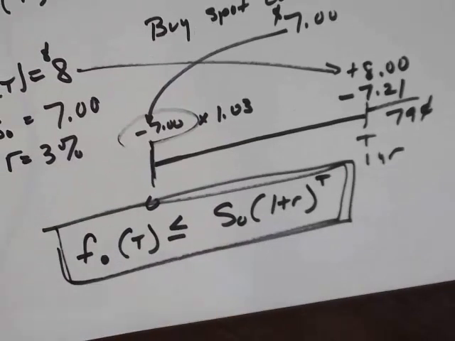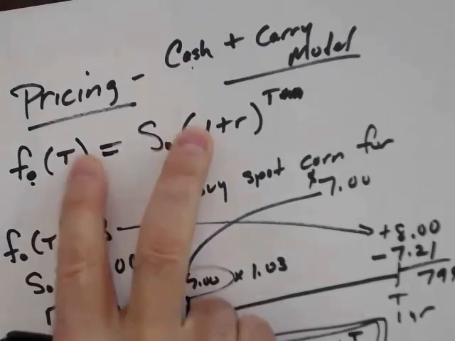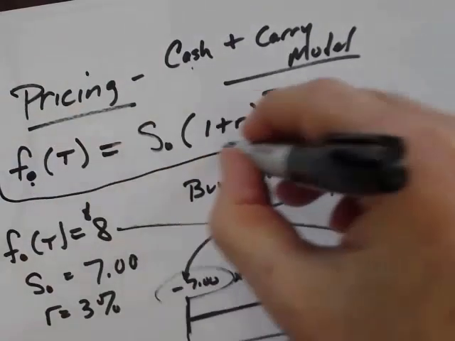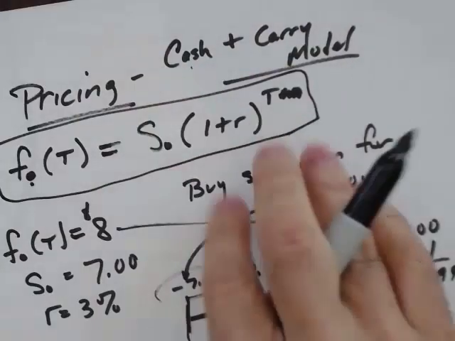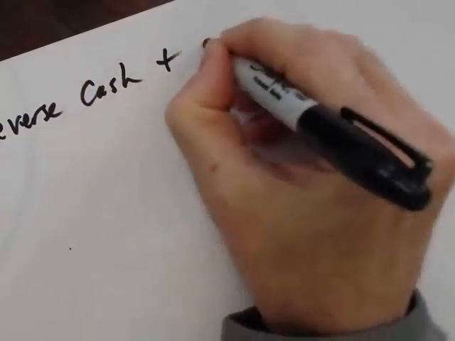Now let's establish a lower bound and then compare it ultimately to the formula. It simply boils down to this formula, but let me show you how to get there by doing what's called a reverse cash and carry.